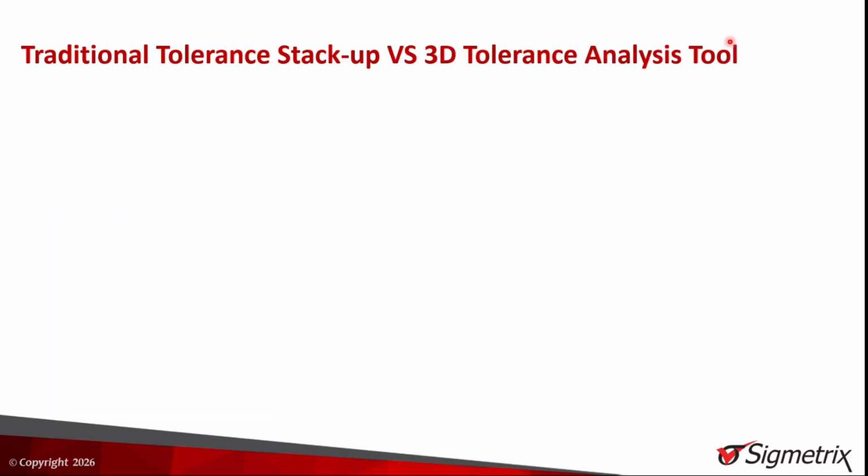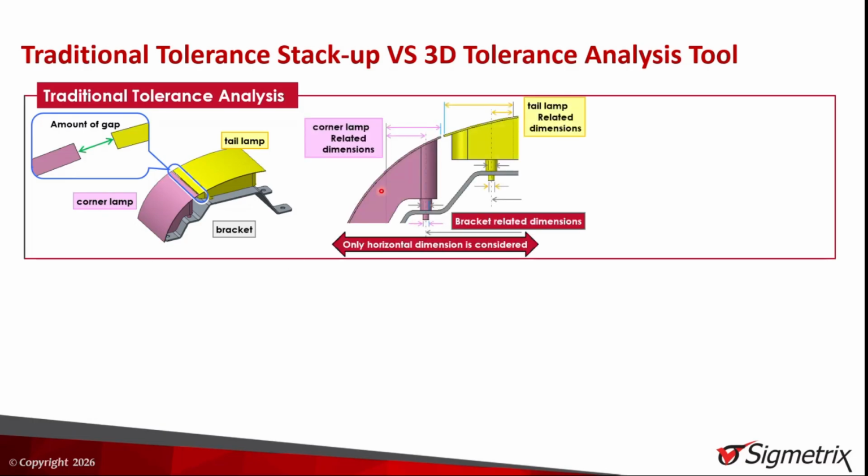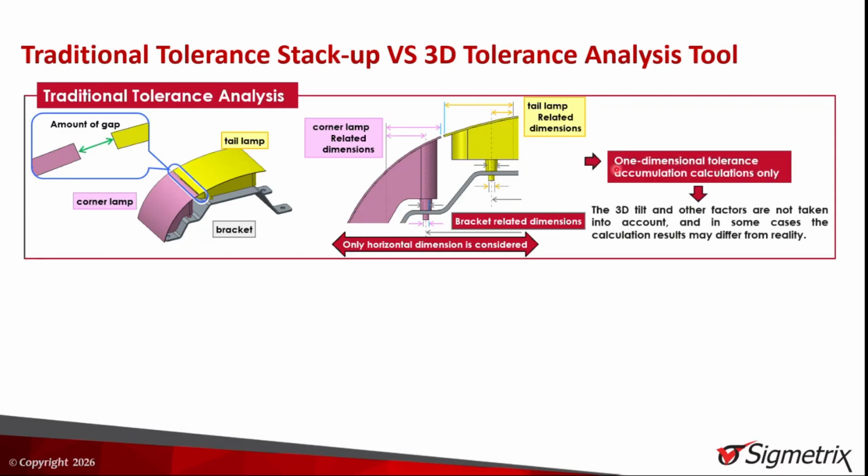From here, I would like to compare how this traditional tolerance analysis compares to CETOL. Let me give a scenario. Imagine we are using a traditional tolerance analysis, and I want to study the amount of gap between these two components. We usually just view the picture in 2D and measure the dimension in the horizontal direction.